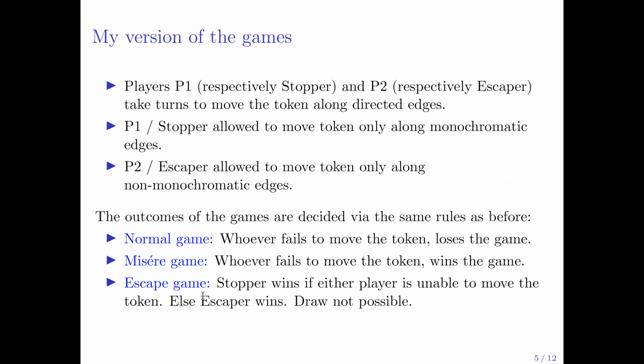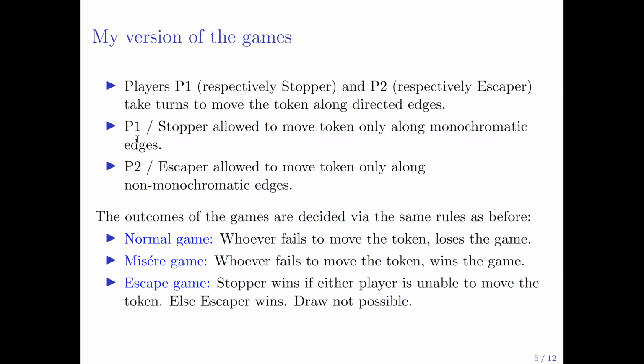So in my version of the games, again, you have either players P1 and P2 for normal and misère games, or you have stopper and escaper for the escape game. And once again, they have this token and they're taking turns to move this token along directed edges. However, their moves are no longer symmetric.